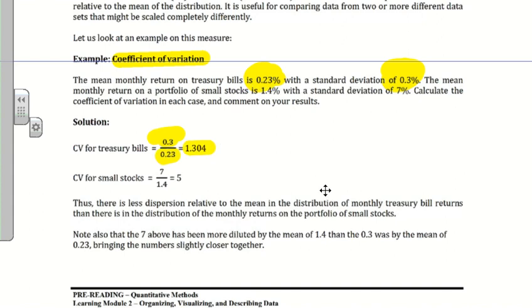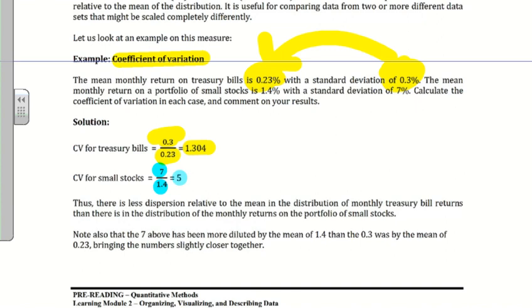How would we interpret this 1.304? We could say, well, that is the units of risk, 0.3 standard deviation for every unit of return. Not bad. Okay, a certain measure of risk. When I now move to small stocks, measure of risk is 7. That's massive, at least in comparison to the 0.3, and I'm getting a 1.4 return.